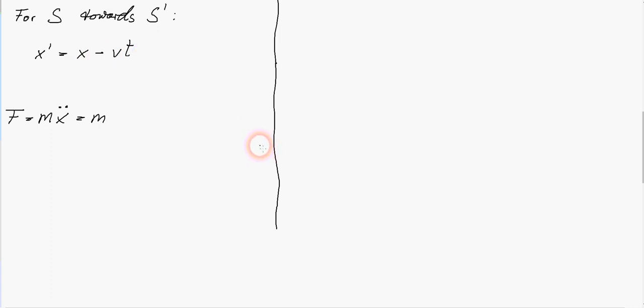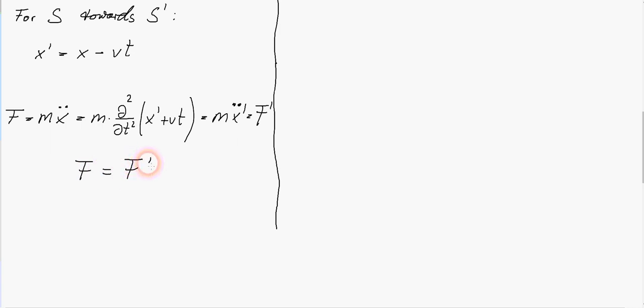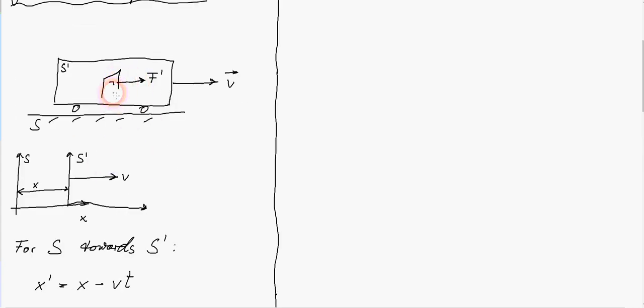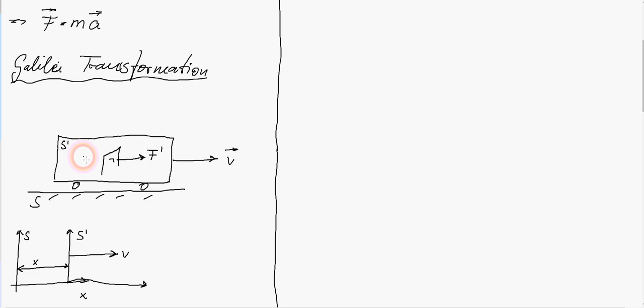Okay, so we get m, the mass, times the second time derivative of x prime plus vt. And the second time derivative of the expression v times t is 0, as v is a constant. So we just get m times x double dot primed. This equals F prime. So as we know, F equals F primed. This means that you can open the door with the same force whether you are moving with constant velocity or you are at rest.